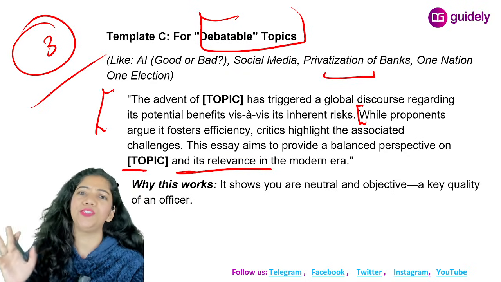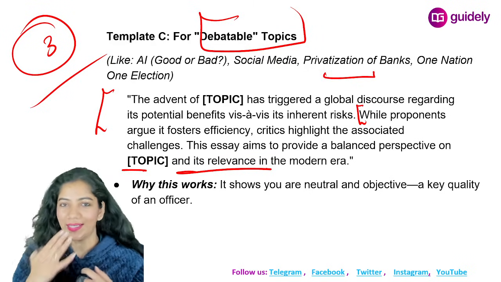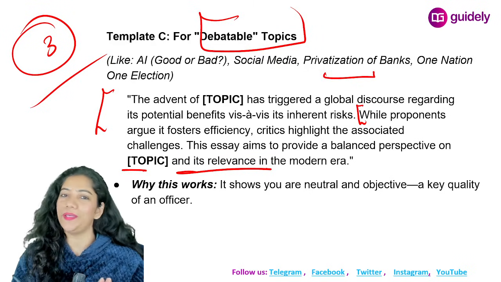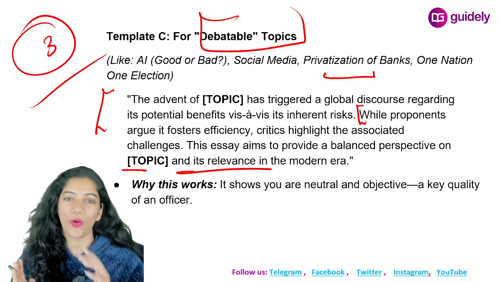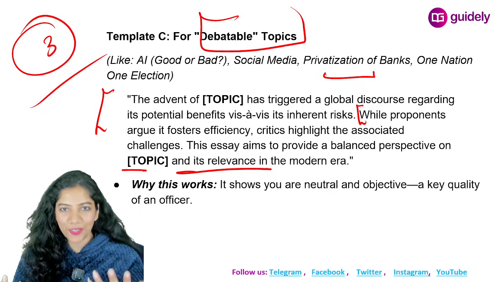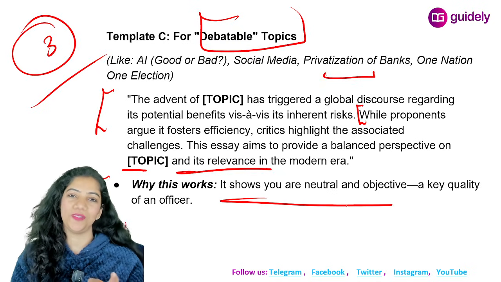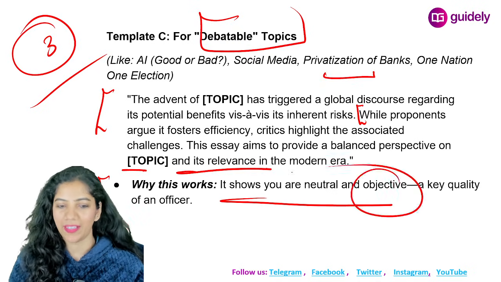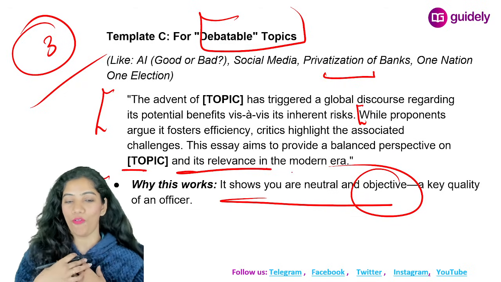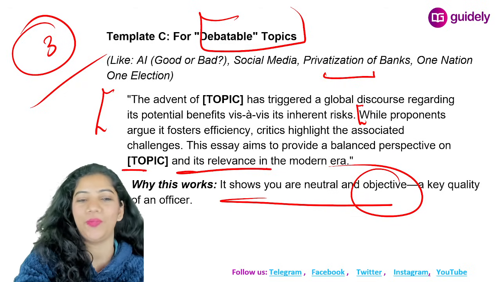Yes, don't try to memorize them, just say them 2 to 3 times with different topics or any debatable point or any topic that you can come across. Why will this work every single time? Because it shows that you are neutral and objective, a key quality of an officer that you are going to be, right? All my beautiful wishes are with you.